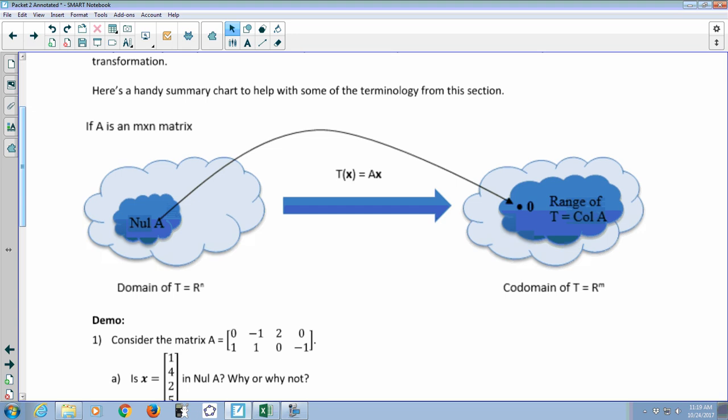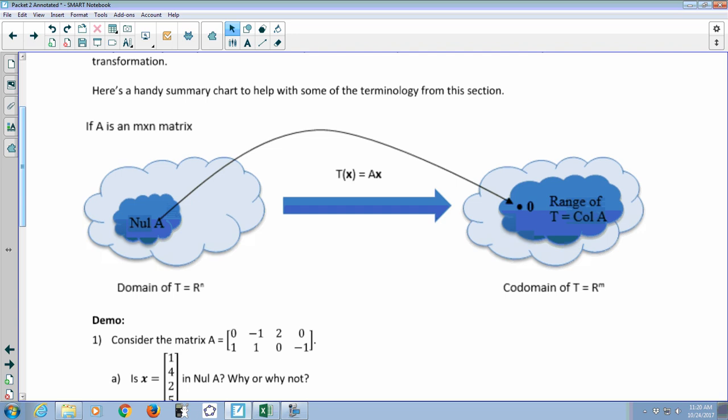The null space of A is a subspace of the domain, and we define it as the set of all things from the domain that go to 0. It's the set of all things that you plug into T, multiplying A by that gives the 0 vector as an output. That's the definition of the null space of A, and we abbreviate it Null A.